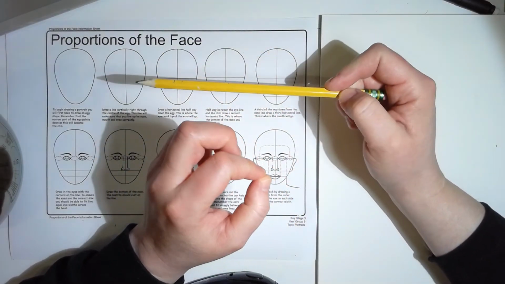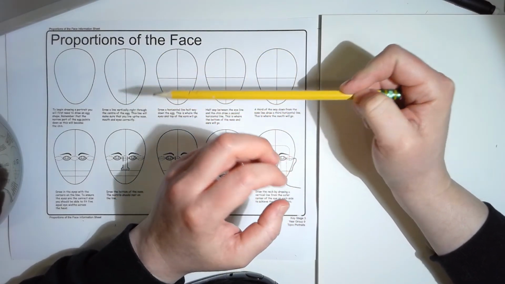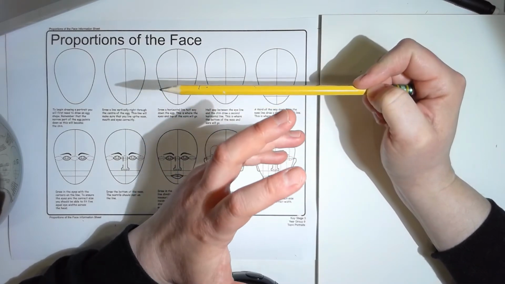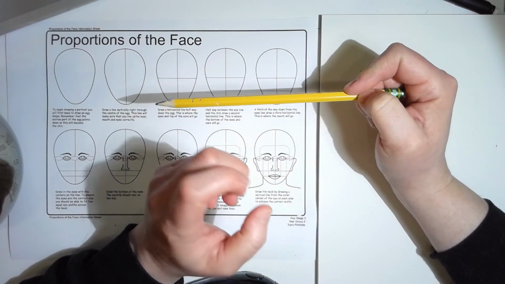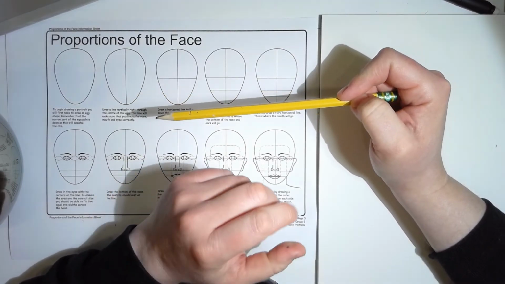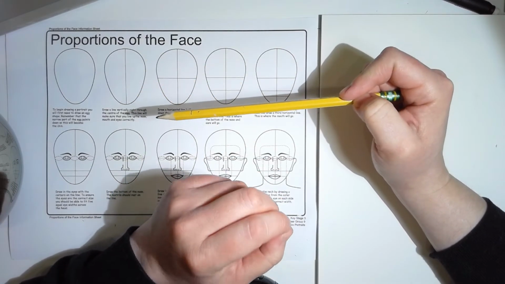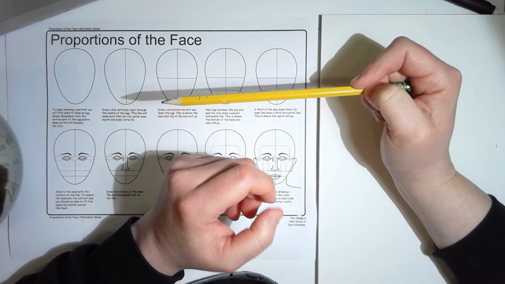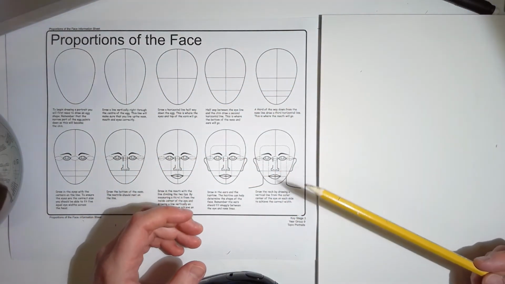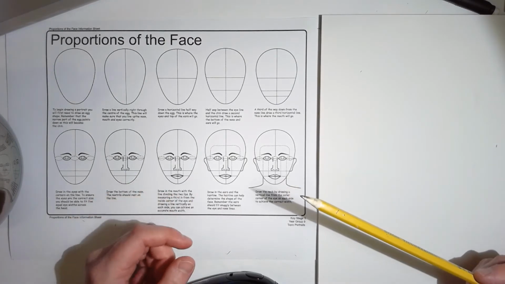Proportions is the size of one thing in relation to another. So if you have big ears in relation to your head, you're going to notice someone has big ears. If you have tiny little eyes in relation to your head, they might look a bit strange too. So when you're drawing and your proportions get off, that's where it gets frustrating.